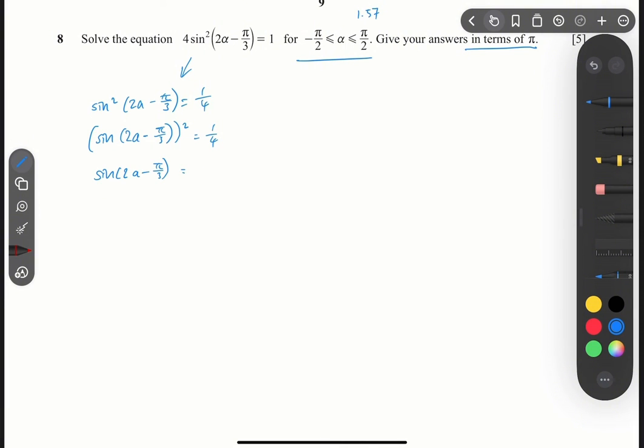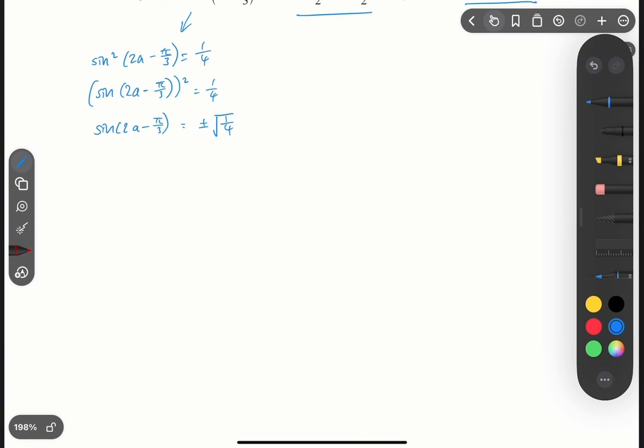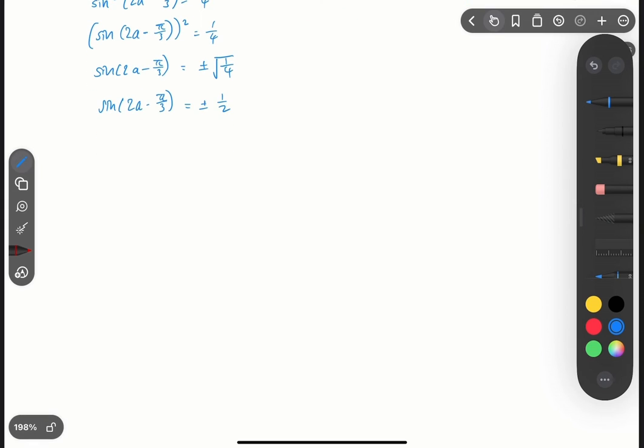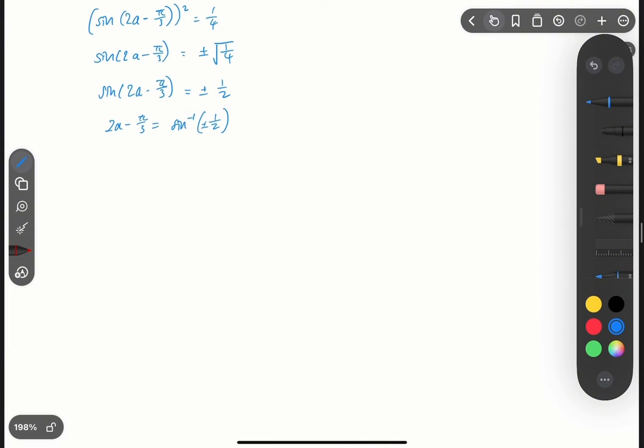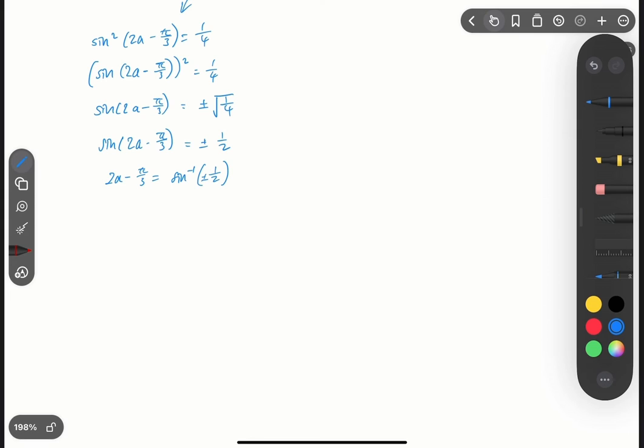Then you square root. Okay, so you have to key in this part of the equation into the calculator.